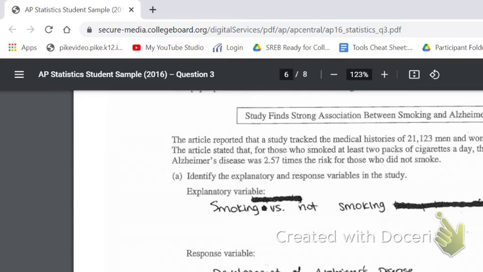You think that that is essentially correct? Response variable, development of Alzheimer's disease. I'm seeing a no. Tell me why. I like that. So if there's a risk associated with it, what are the 2 possible outcomes here?